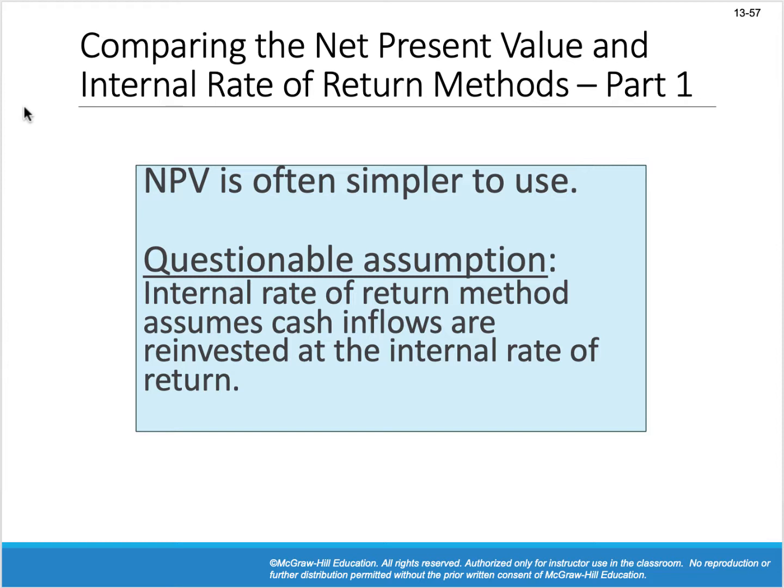Okay, so there are two advantages to using NPV over IRR. Number one, it's easier to use. The IRR, well, depends, right? We saw that if we have uneven cash flows, it's basically just kind of trial and error to figure out what the IRR is.